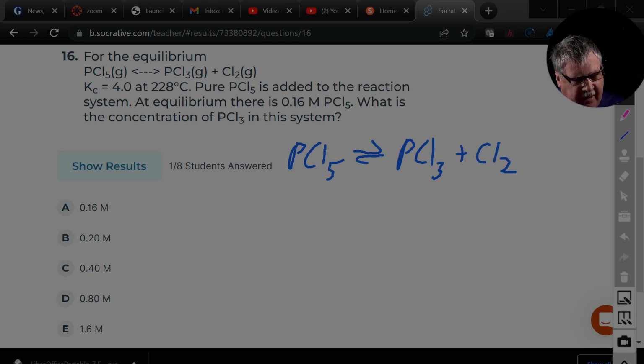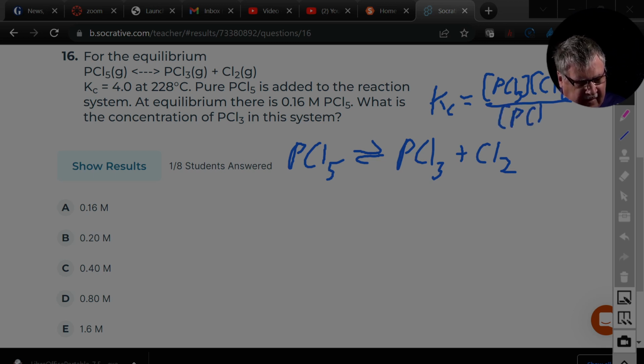All right, if we write an equilibrium constant for this, that means we have the concentration of PCl3 and the concentration of Cl2 in the numerator and the concentration of PCl5 in the denominator. All right. So, what we want to think about is we know the value of the equilibrium constant.